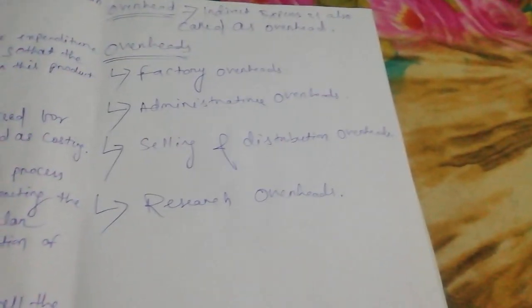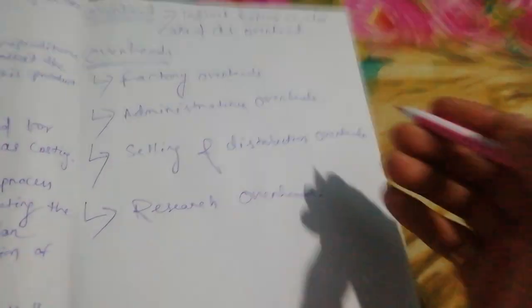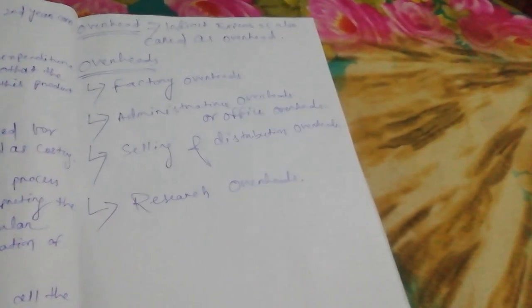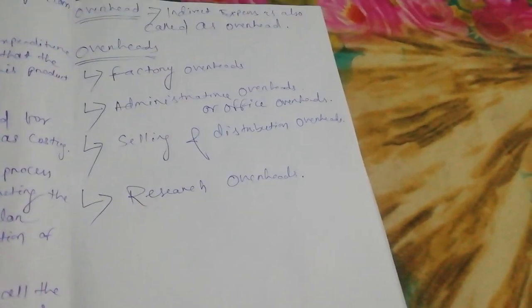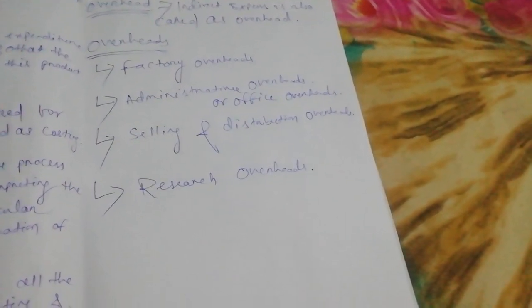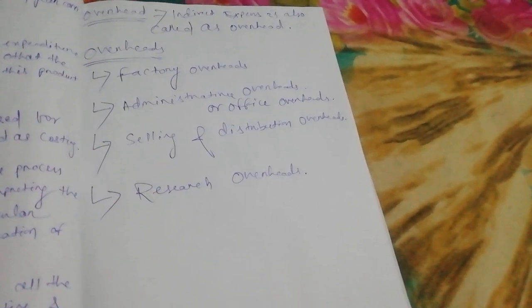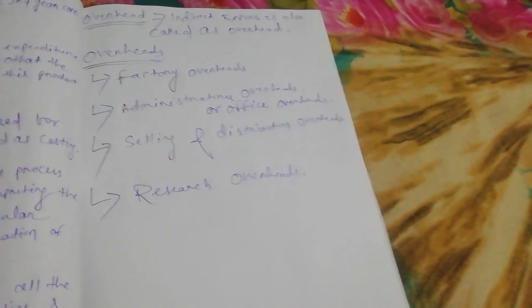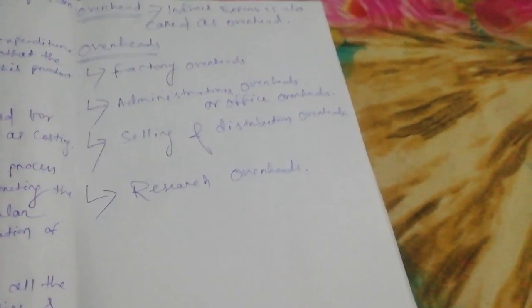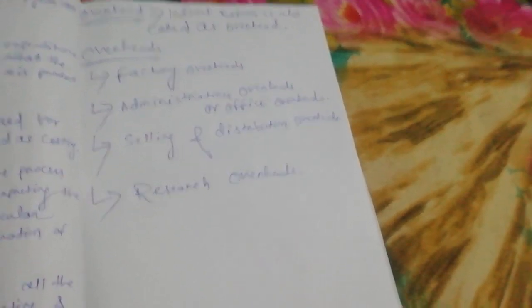Similarly, what is administrative overheads? Administrative overhead, another name is office overheads. Office overheads means different official expenses such as salary, rent, rates, insurance, audit fee, director fee, office stationery, office postage, office lighting, office rent. These are the expenses which are calculated as office and administrative overheads.